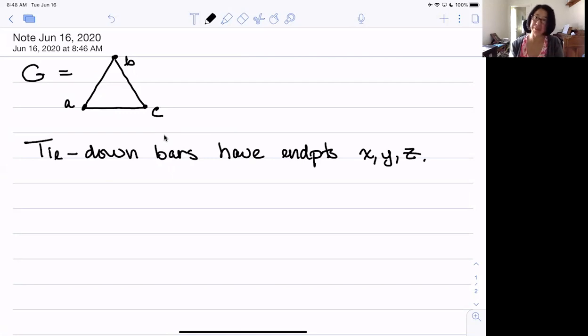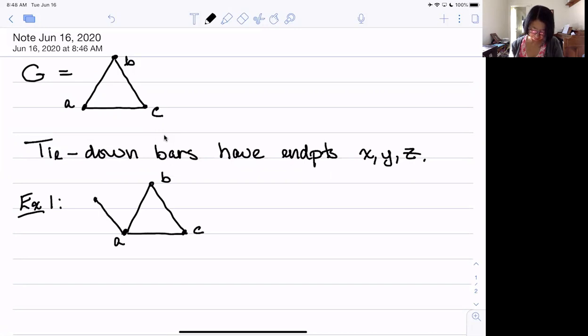So I want to show 2 different ways of distributing these 3 tie down bars. In the first example, I'm going to put 2 tie down bars at one vertex and 1 tie down bar at another. Because of symmetry, there's really only one interesting way to do this. All the rest are the same.